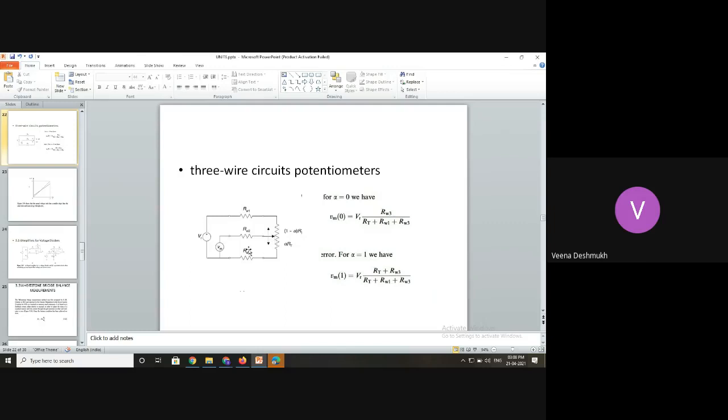Now one method to get rid of this is to produce another voltage which is in opposite direction to this, by producing a negative voltage in opposite direction to the actual voltage under measurement, such that this effect is nullified.